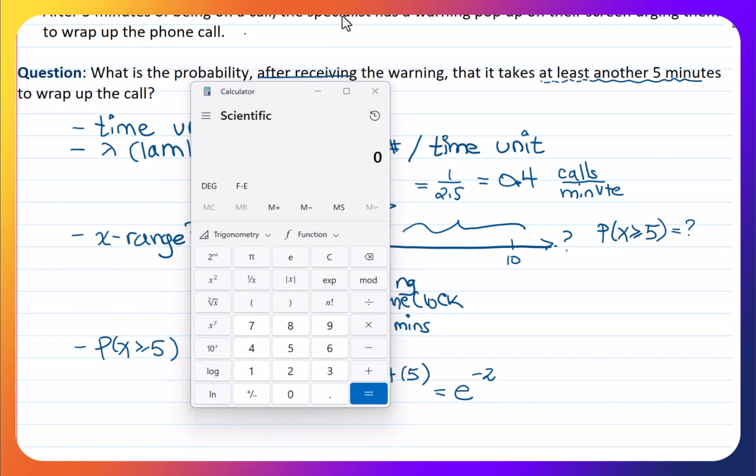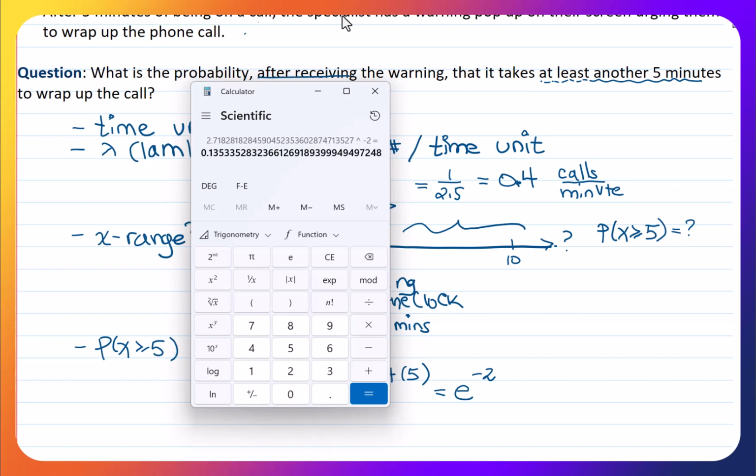For this one, we're going to use the e first. It depends on your calculator as to what you need to put first. This is for the Windows computer calculator. I've put it in scientific mode. Punch in the e first, and then use the power key, and then 2, and then plus minus to make it negative, and then hit equal.